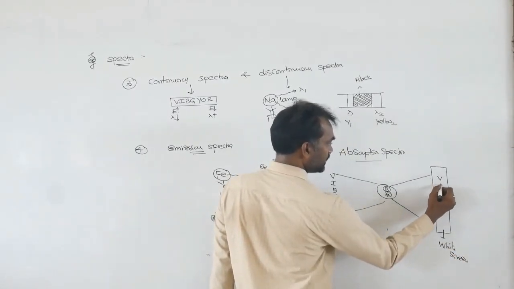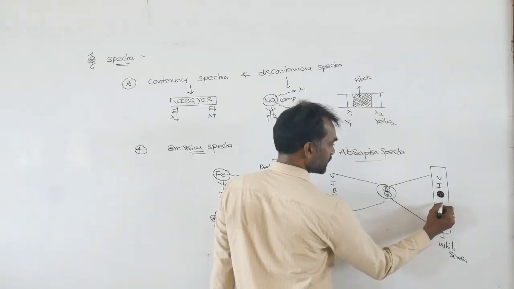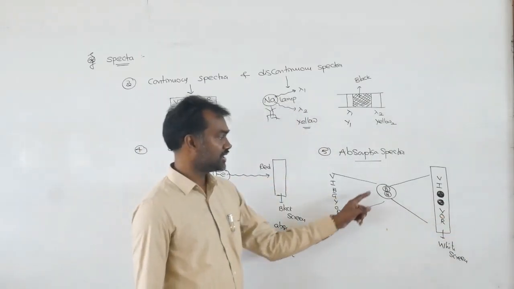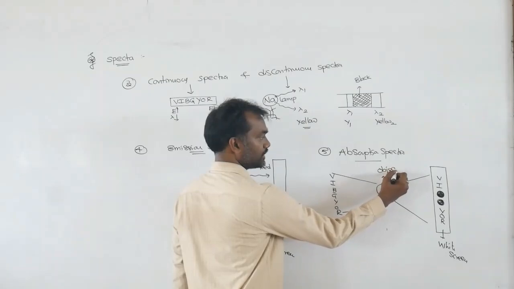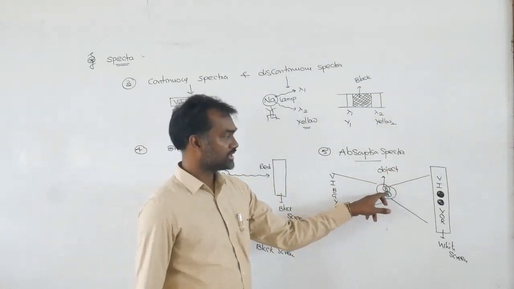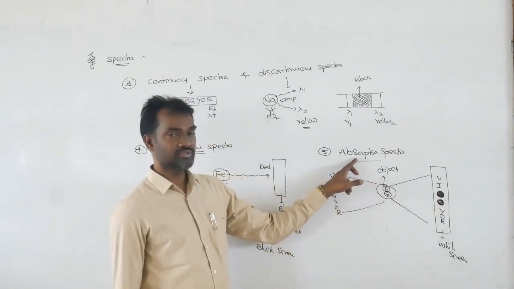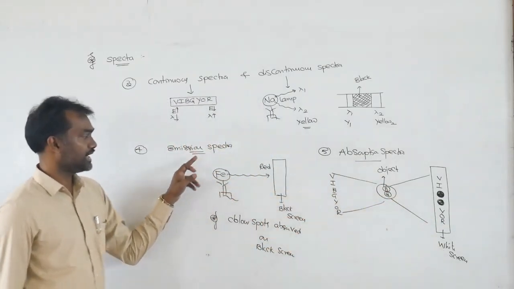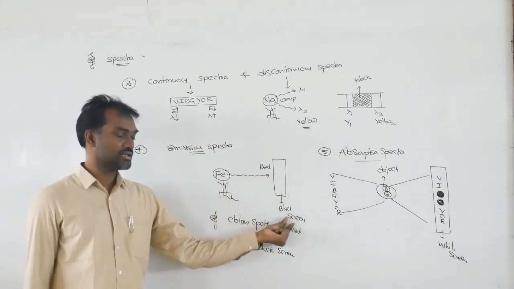Violet is observed, indigo is observed, in the blue area a black spot comes, in the green area a black spot comes, and yellow, orange and red are also observed. That means this material absorbs blue and green, so that area of light comes as black spots. The important point is that in an absorption spectrum, black spots are observed on a white screen, and in an emission spectrum, color spots are observed on a black screen.